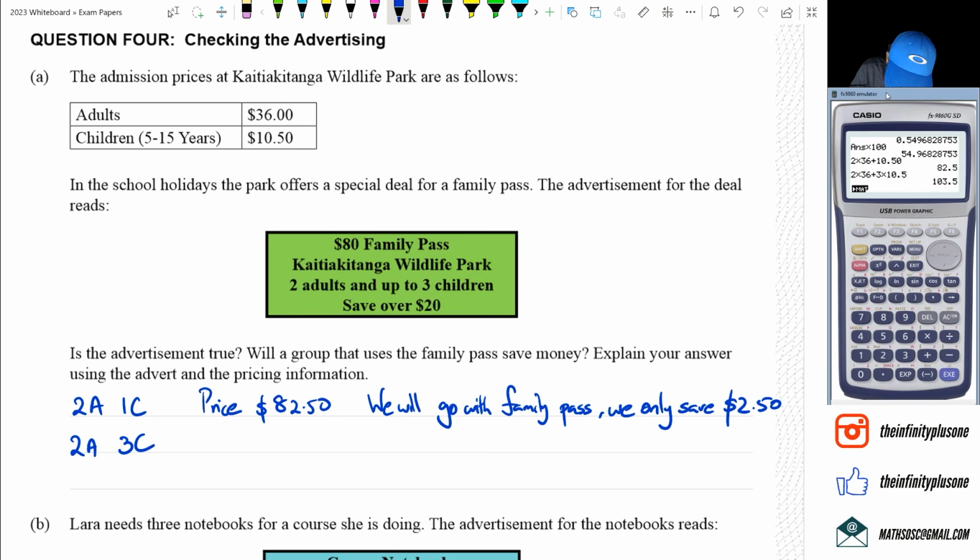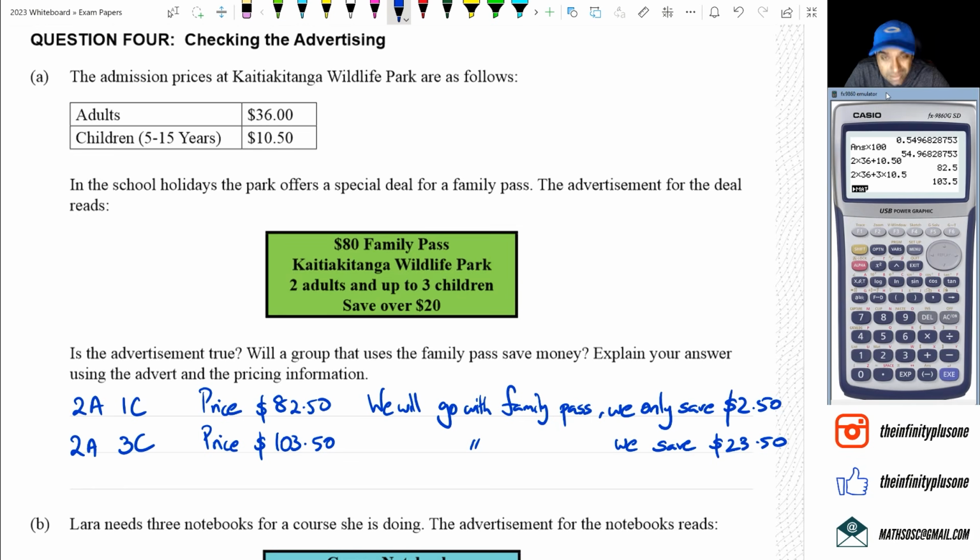That gives me $103.50 for 2 adults and 3 children. In this case, again, I'll probably go with the family pass, as we save $23.50.